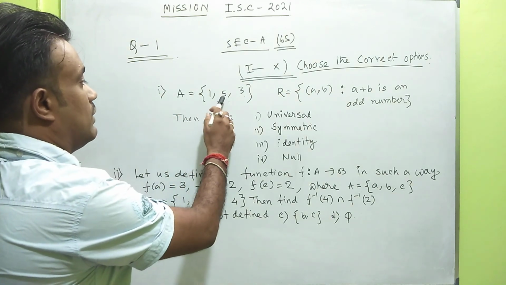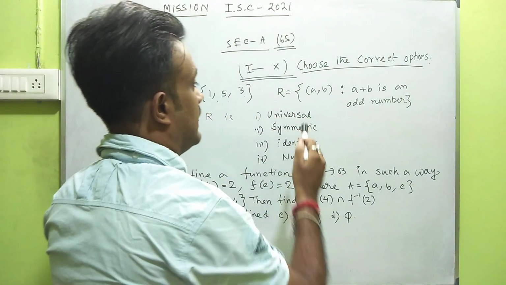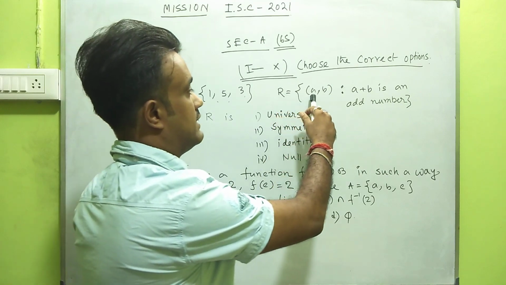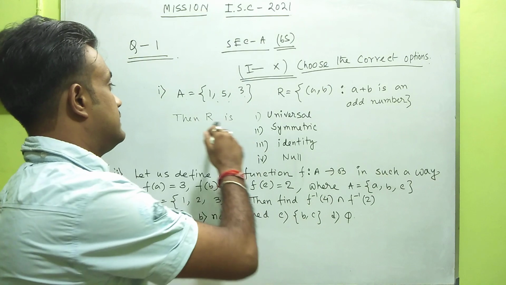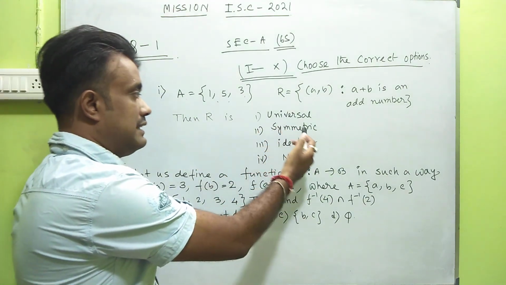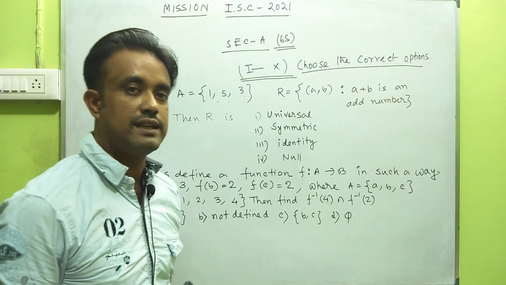First, A is equal to {1, 5, 3}, and a relation R is defined such that (a, b) belongs to R where a plus b is an odd number. Then R is a universal relation, symmetric relation, identity or null relation?